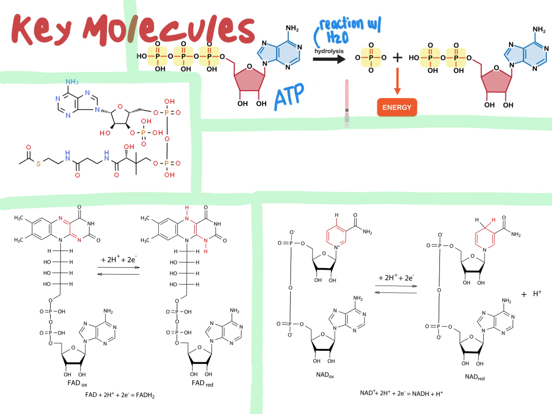Through hydrolysis, the phosphate bond here breaks from ATP, releasing energy from that very exothermic process and creating ADP as a product. This reaction is reversible, so I've drawn the reverse arrow here to indicate that by using energy, we can reform that bond to phosphate.